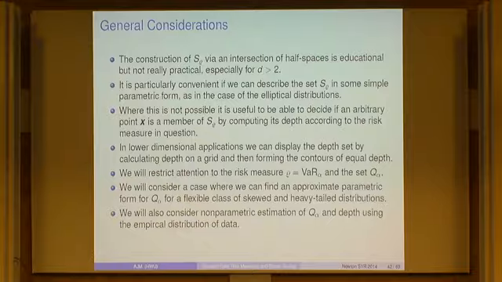So it would be most convenient if we obtained sets which had a simple parametric form, something that we could describe succinctly. And that was obviously the case for elliptical distributions. So the set S rho for any elliptical distribution, you can show that it is an ellipse or an ellipsoid in higher dimensions. So that's easily parameterized, and it's very easy then to check if an arbitrary point in d-dimensional space is in the interior of that set or is outside that set.